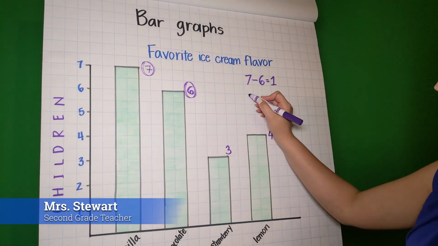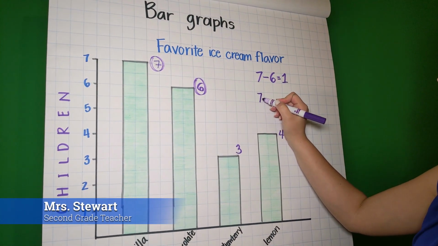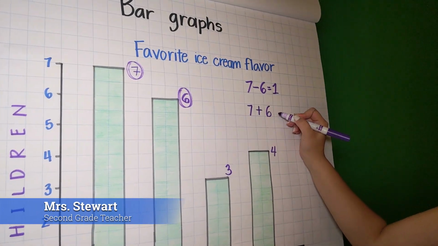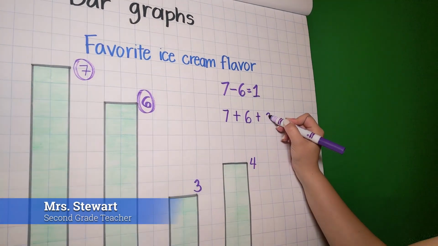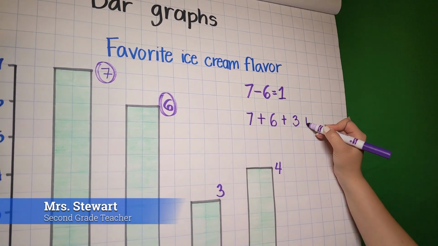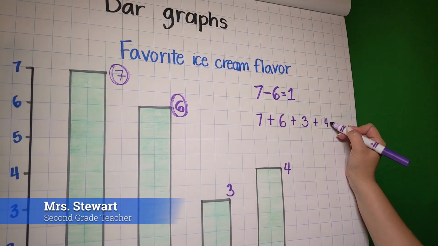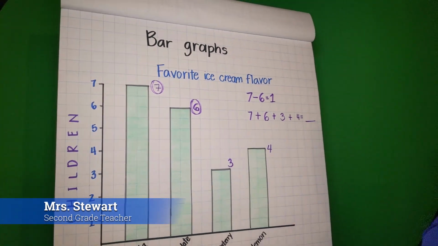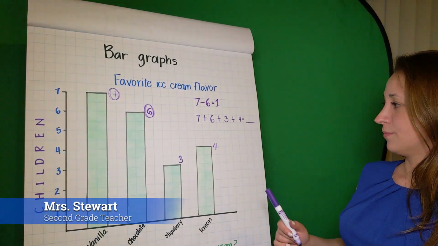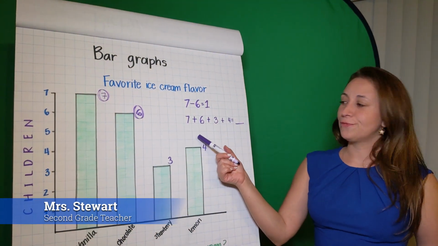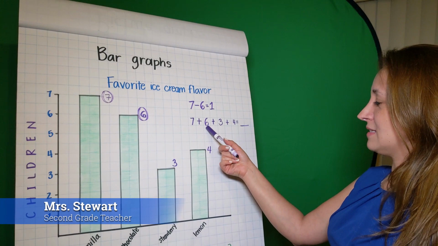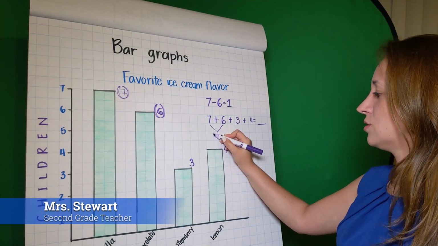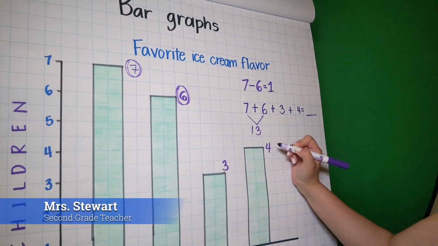Let's take those numbers. 7 plus 6 plus 3 plus 4 equals blank. What we can do first is add 7 and 6. I know that 7 plus 6 is equal to 13.